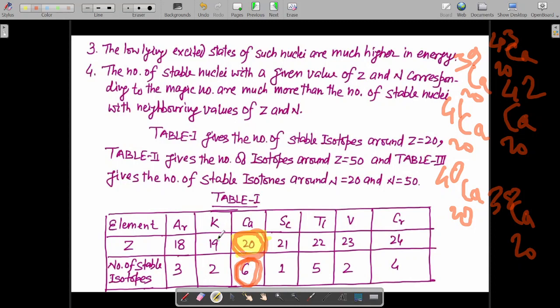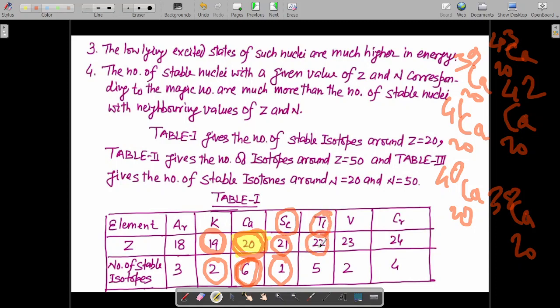But the neighboring potassium has 19 protons, which is not a magic number, so it has only 2 stable isotopes. Neighboring scandium has 21 protons, which is not a magic number, so it has only 1 stable isotope.